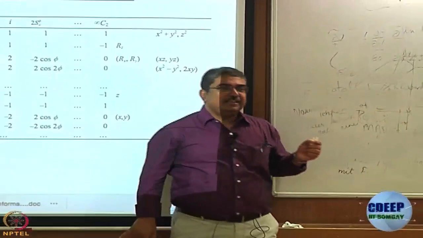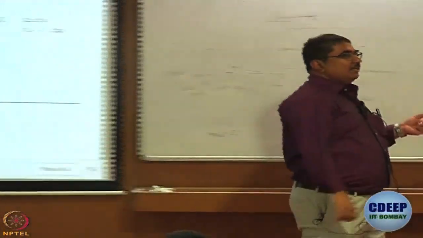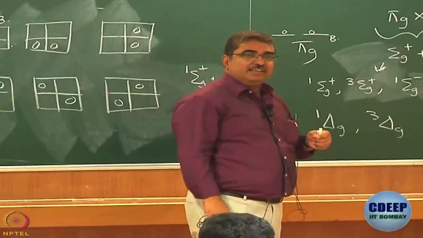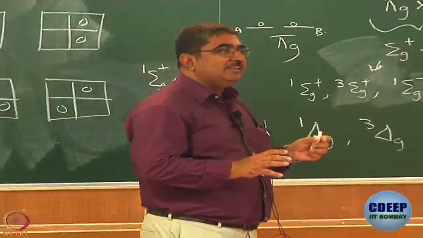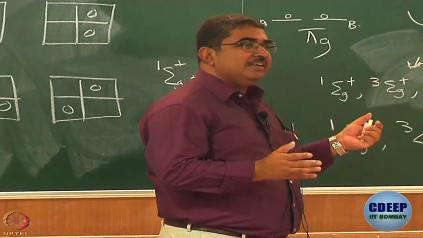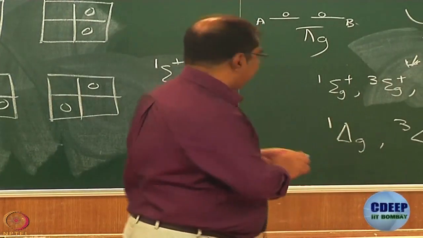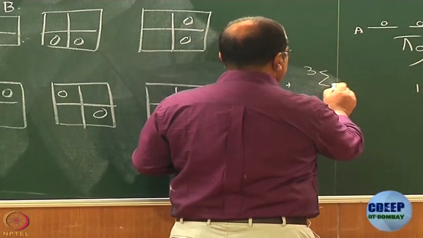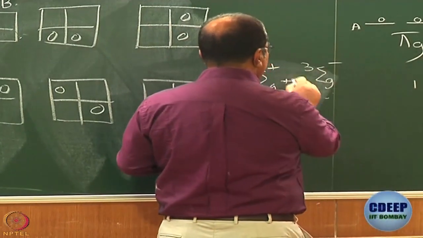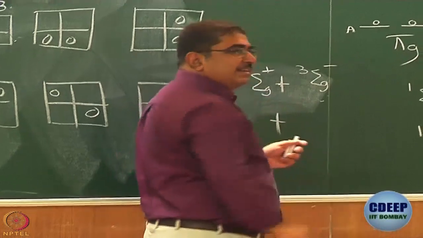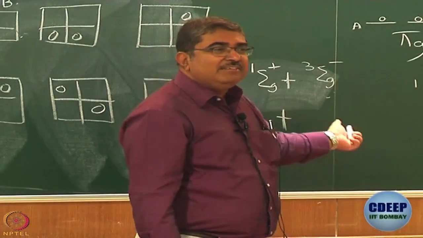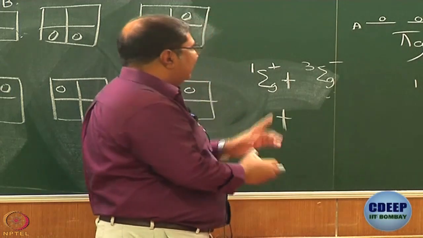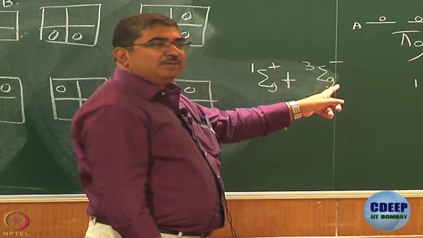So, what is it then? Is sigma G minus symmetric or antisymmetric? Antisymmetric. So, if the space part is antisymmetric, what should the spin part be? Symmetric. Triplet. So, I get singlet sigma G plus, triplet sigma G minus, and in fact, to get the third one you can even cheat, you do not need to understand, just see how many we have got.